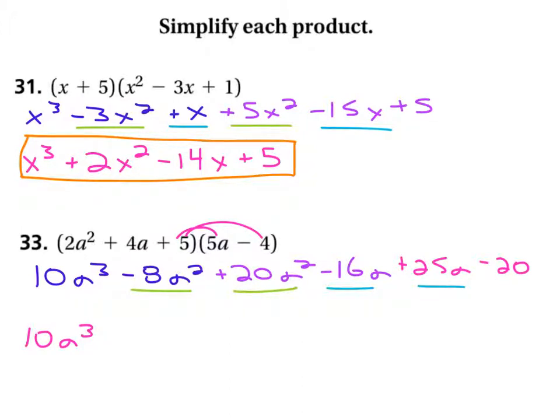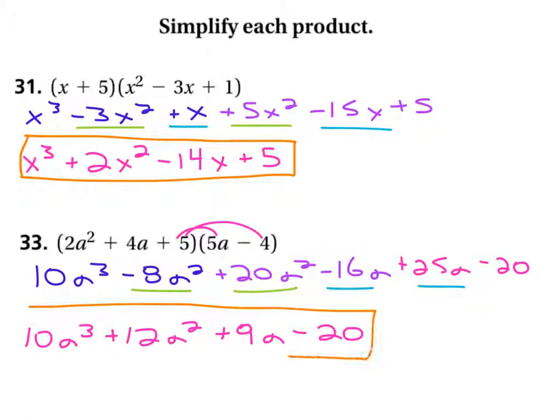The a squared terms give us negative 8 plus 20, which is positive 12, a squared. The blue terms, negative 16a and 25a, combine to be positive 9a, and then the negative 20 at the end. That's what we get as our final answer. We'll box that, and we're good to go.